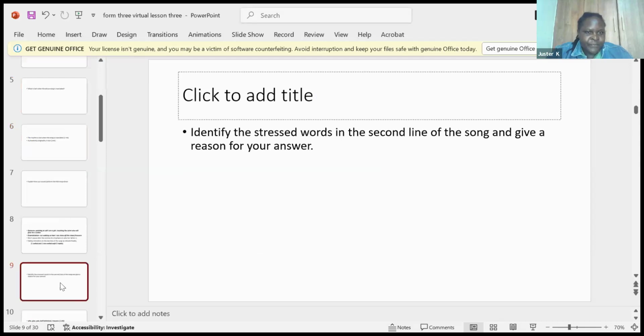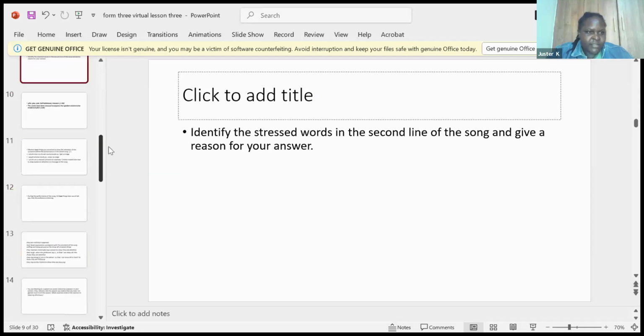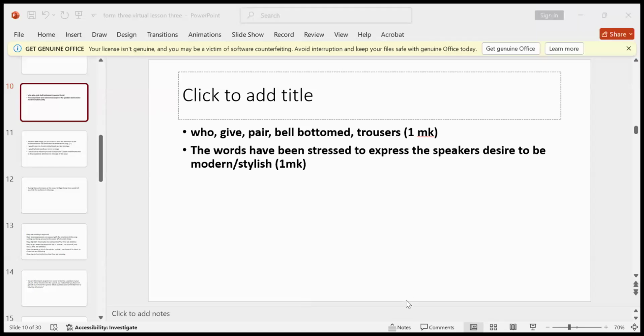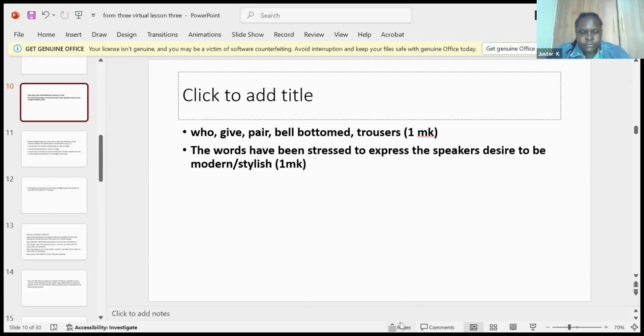You can read the answers for us. Take us through the answer. Okay, somebody take us through that answer. Who? Yes, go on. Who will give me a pair of bell-bottomed trousers?